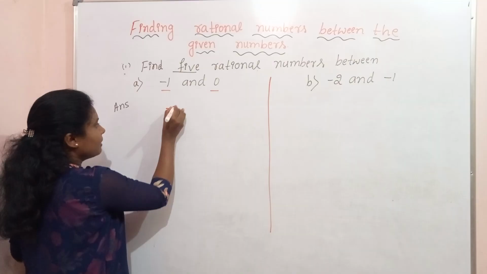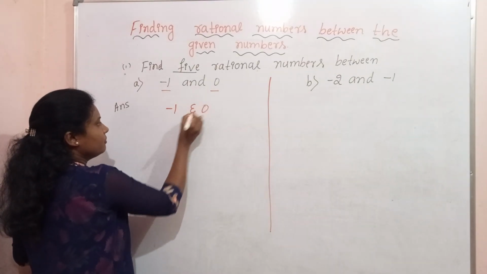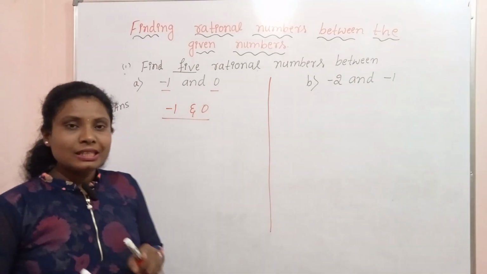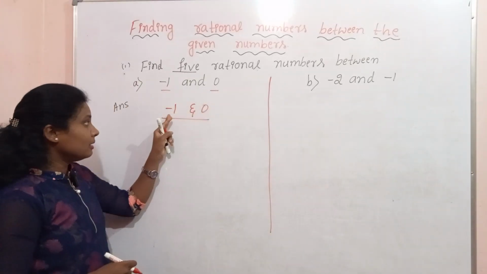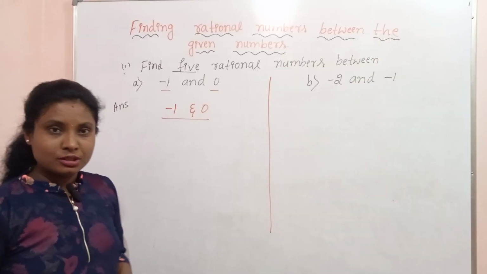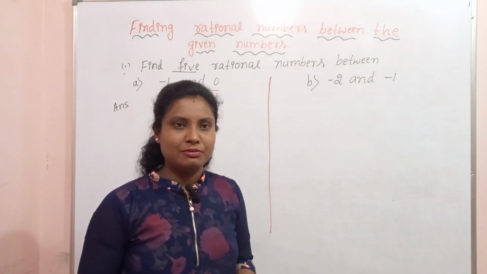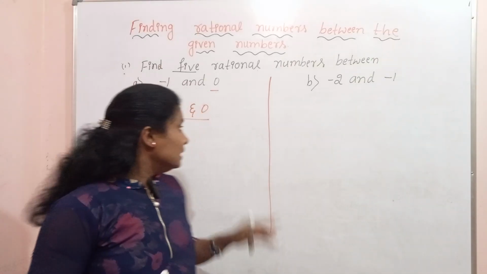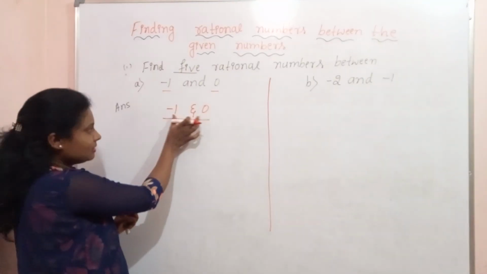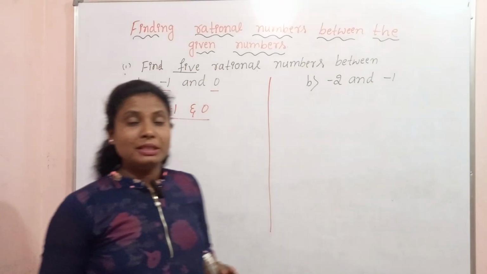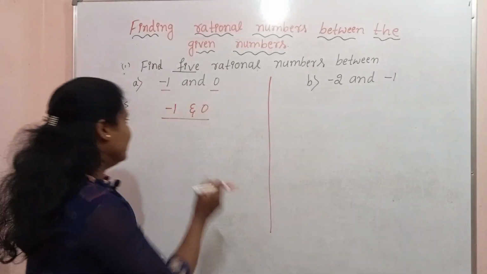If I take -1 and 0, by looking at that we are getting a confusion. Ma'am, here -1, after that 0 comes, then where will we get the other numbers? So in this class we are going to learn that many numbers will come between these two numbers.